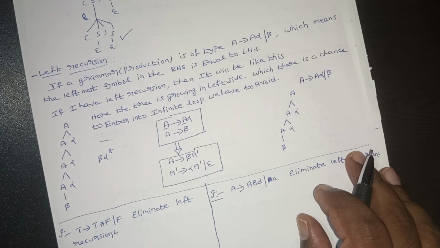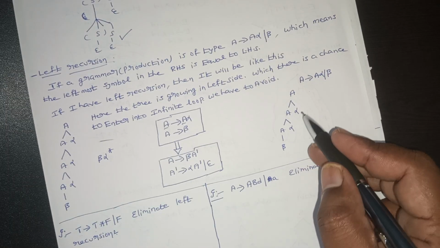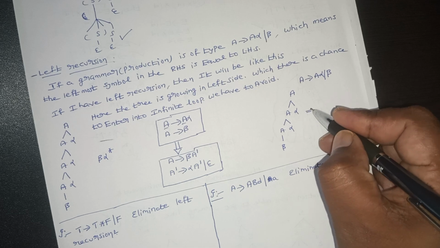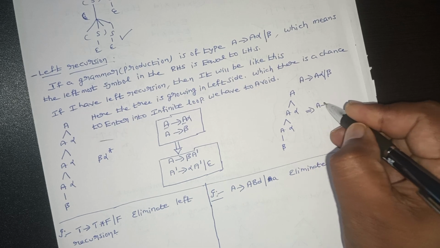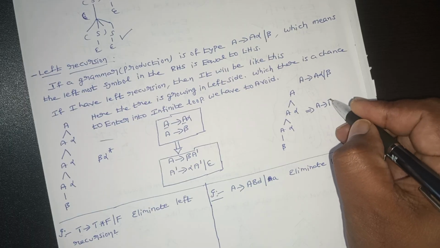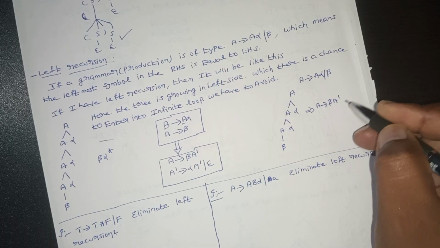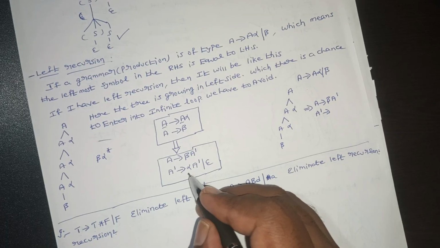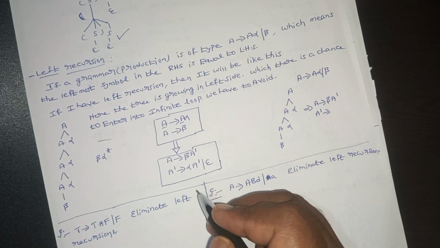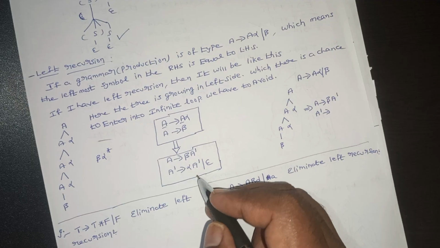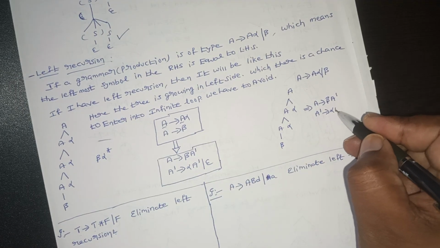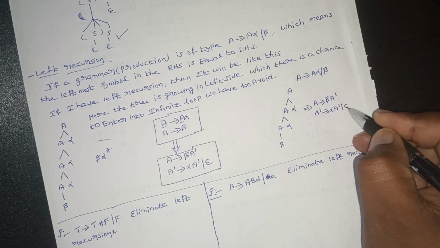Now you see this. I am writing this as A tends to beta A dash. What is A dash? A dash equals alpha A dash or epsilon.